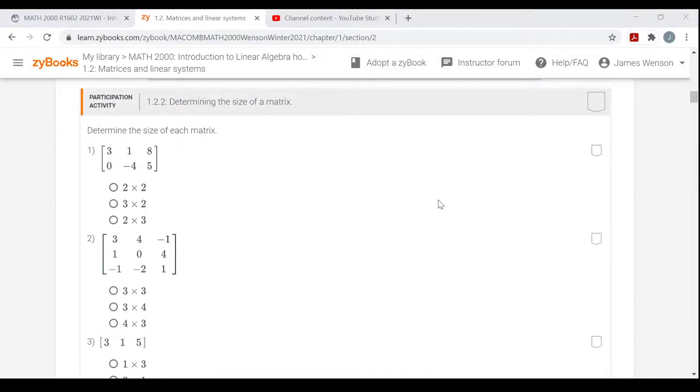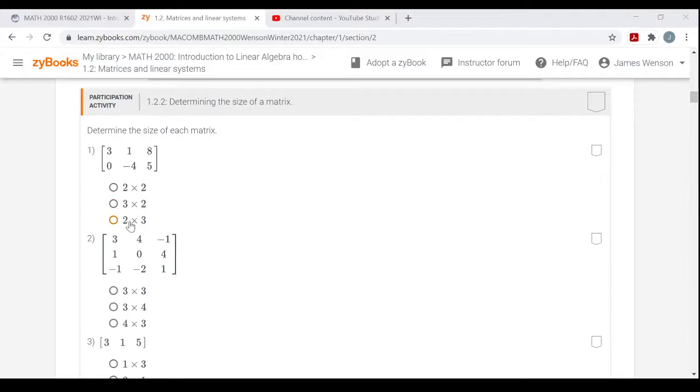I'll do a couple of these. Pretty easy. All you're doing is determining the size of the matrix. You have these rectangular brackets to indicate that it's a matrix. 3, 1, 8 is the first row. 0, -4, 5 are the entries in the second row. This has 2 rows, and 3 columns: column 1 is 3, 0, column 2 is 1, -4, column 3 is 8, 5.